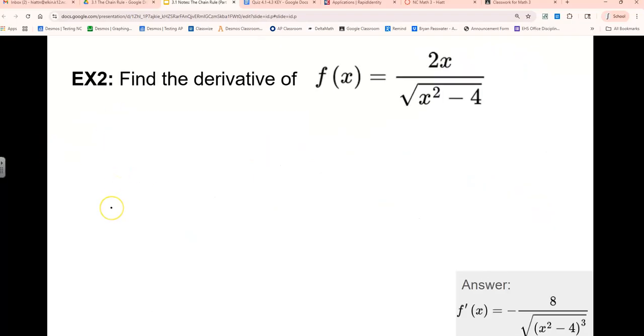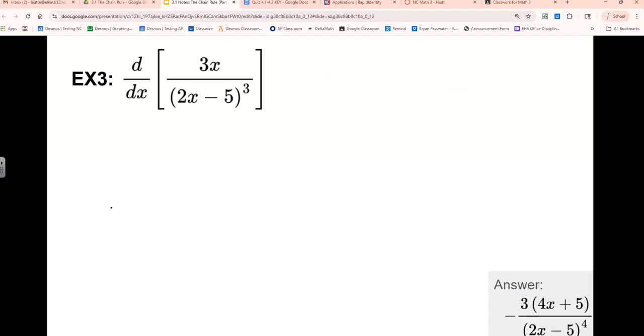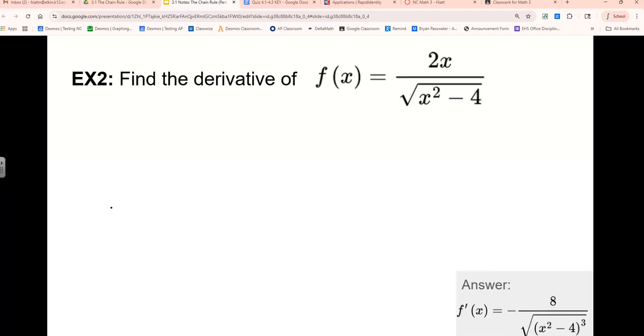All right, let's do one with the quotient rule, just to see if you like it better or if you hate it even more. I think I like just doing product rule. I don't mind negative exponents; they don't bother me that much. So I would rather do it that way. But you may find this way better.